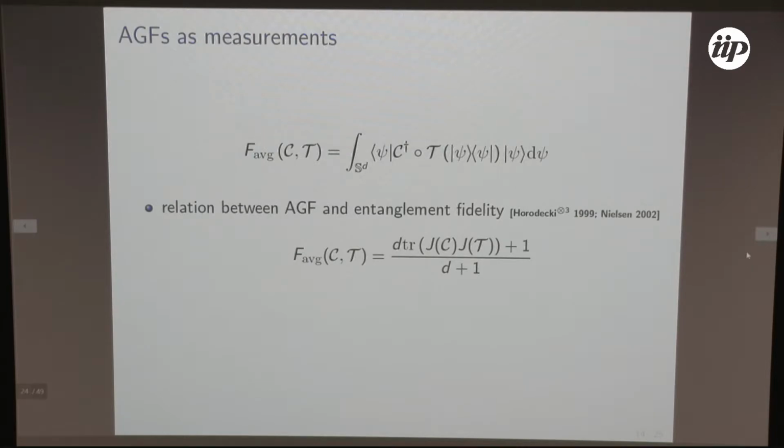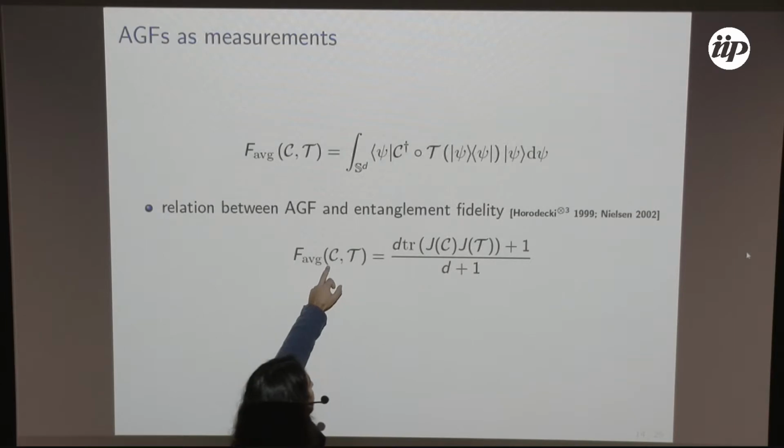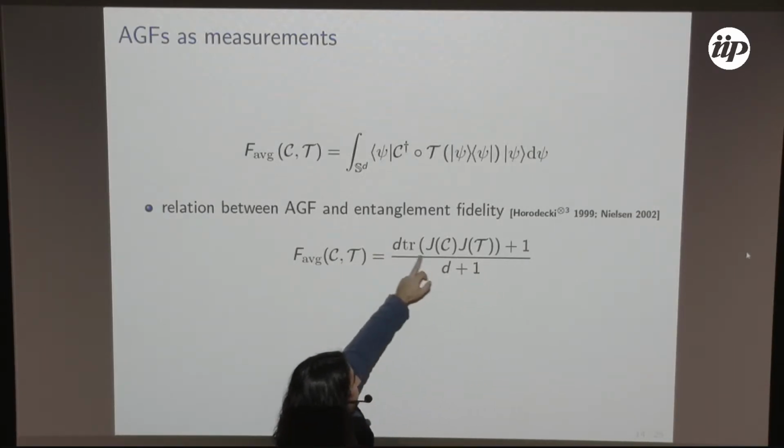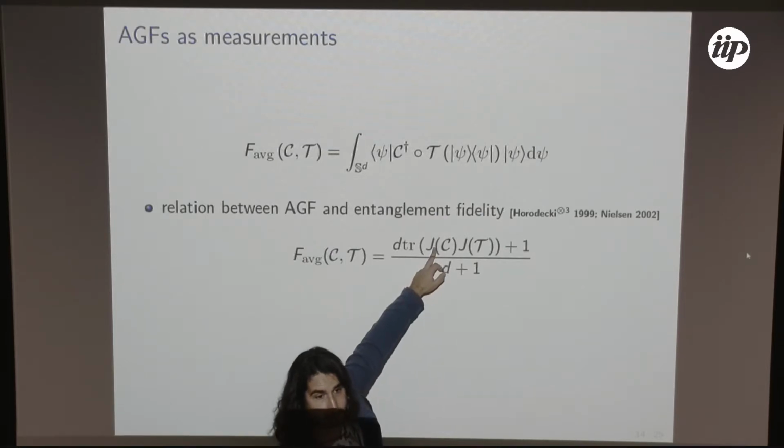There's a fundamental relation between the average fidelity and entanglement fidelity, derived by the Horodeckis in 1999, and then re-derived by Nielsen in 2002 in a way that people like me actually understand. But the crucial insight here is that this gate fidelity between two arbitrary channels is, just don't pay attention to this, the trace inner product between the two matrices.